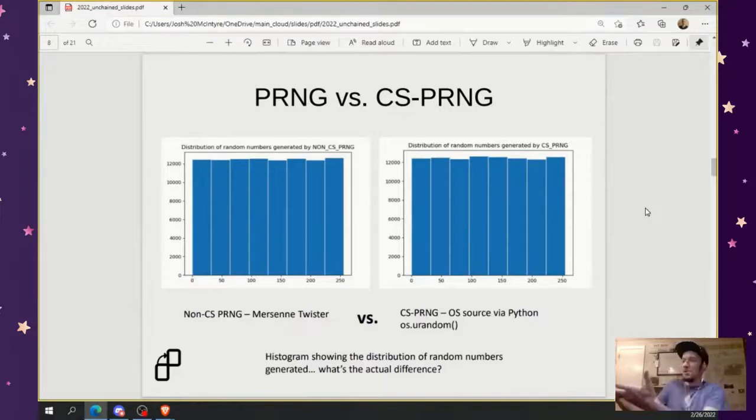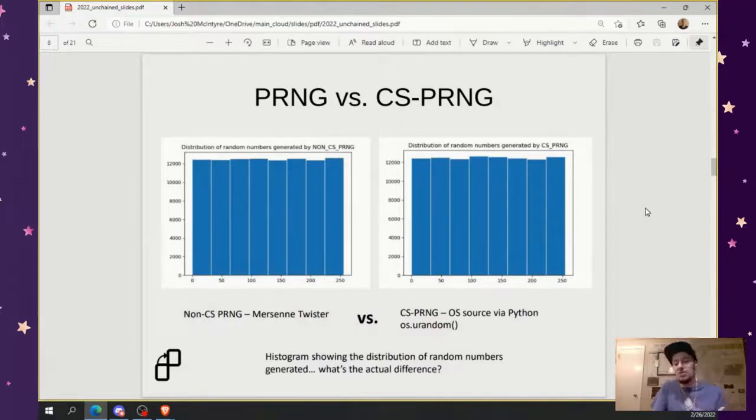What's the difference in looking at these two graphs? It's not immediately obvious. The distribution of these random numbers seems pretty even. So we have a good distribution of randomness through the non-cryptosecure source, the Mersenne twister, and a pretty good distribution with the cryptosecure source.